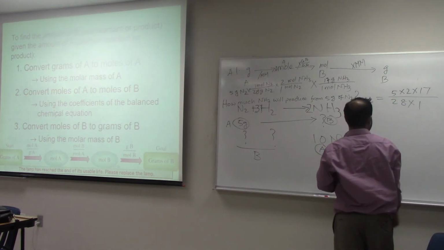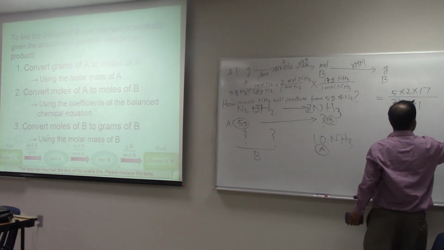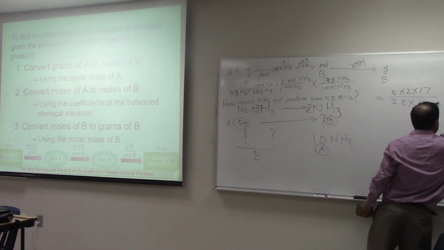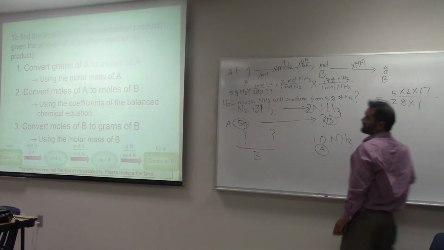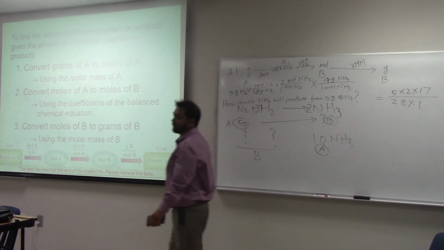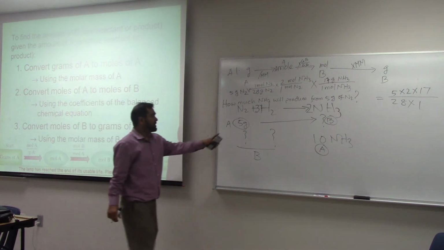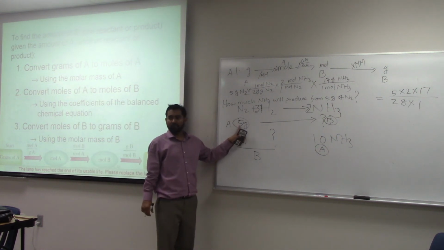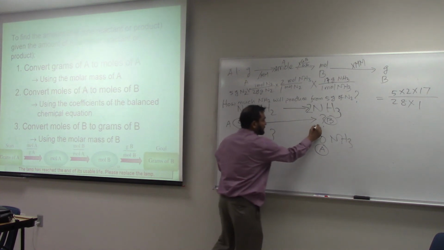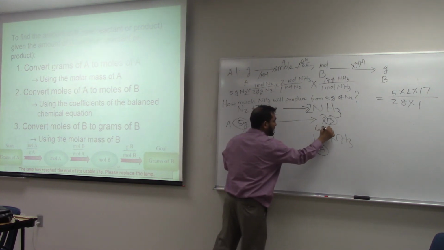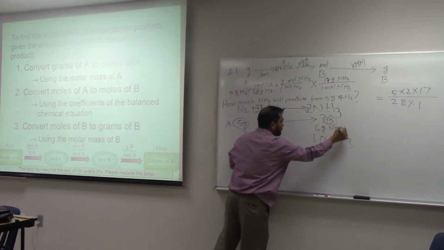So how many sig figs do we have? 1 sig fig, because 5 has only 1. So that will be 6 gram of ammonia you can expect. So that means if I have 5 gram nitrogen, I can expect that 6 gram ammonia will be produced.